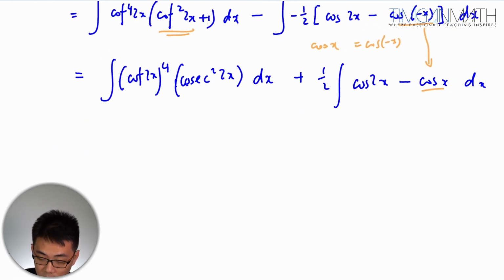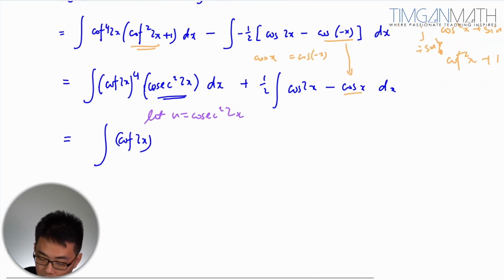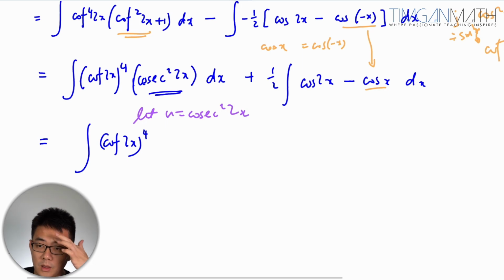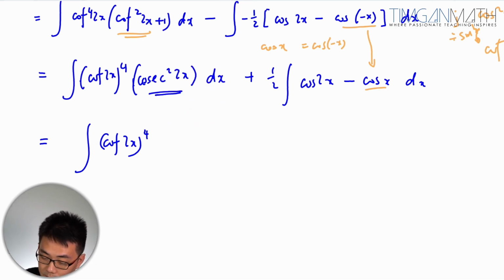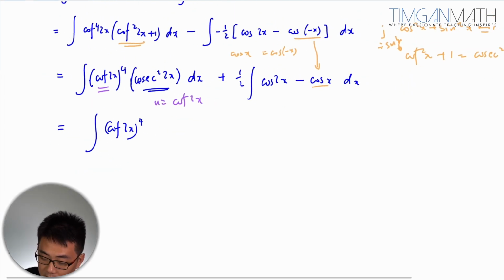So integrating this wouldn't be a problem. This will just be our u. Sorry, let u be cot 2x, because differentiating this will give you cosecant square and we could cancel.